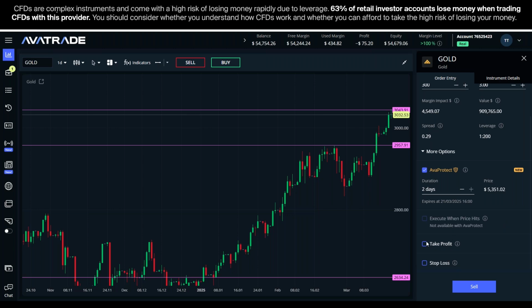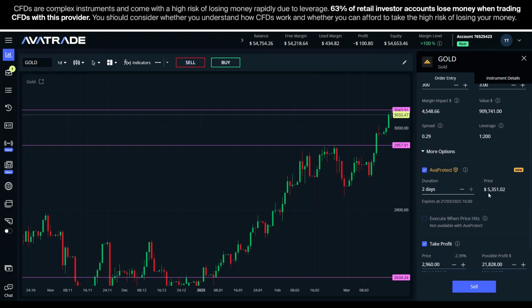All right, so I'm looking at a take profit of 29.57 as a support level if it does drop. So I'm going to say 29.60, just before that support level. 29.60 on a sell gives me over $21,000 profit with this trade size.